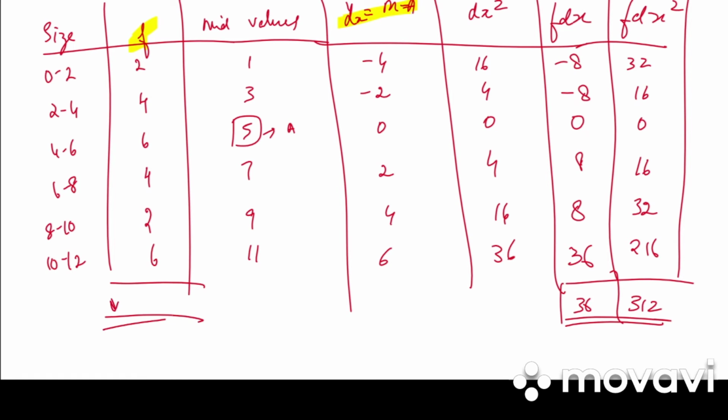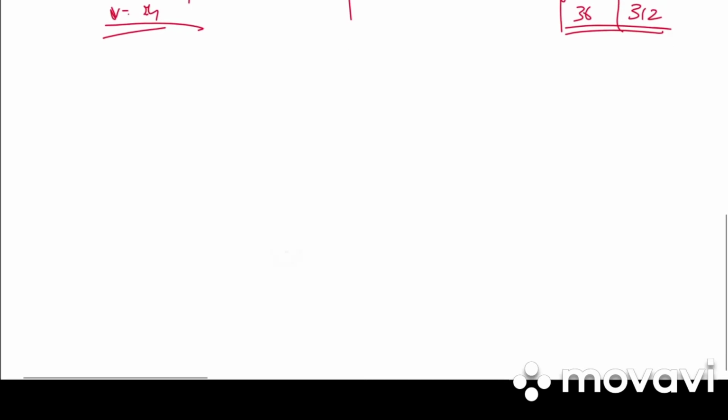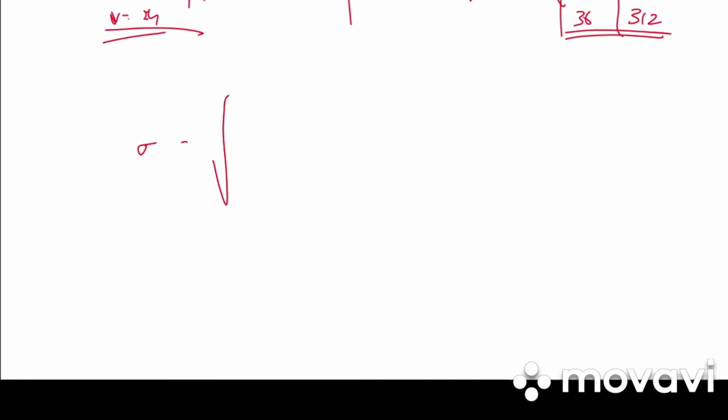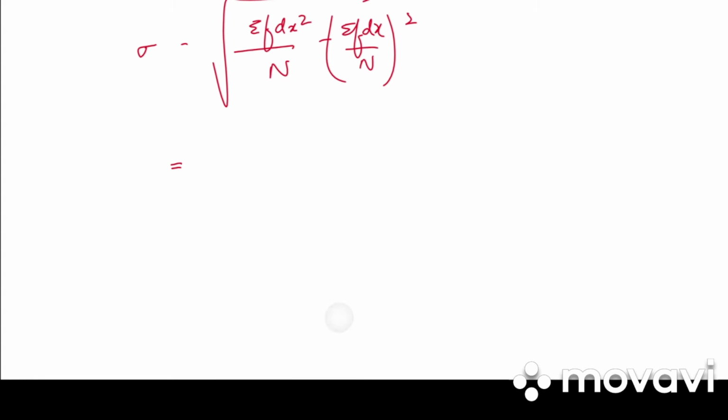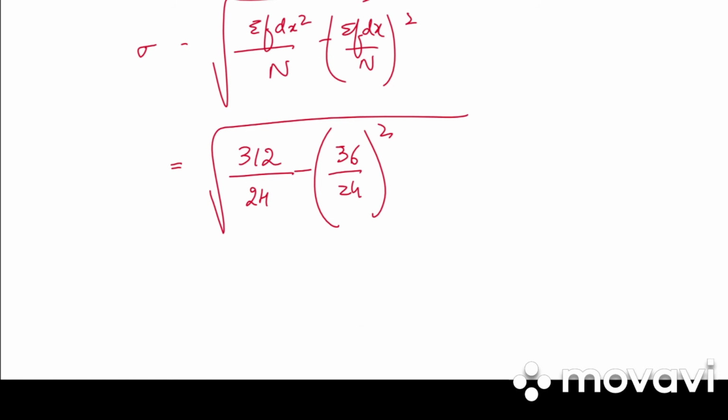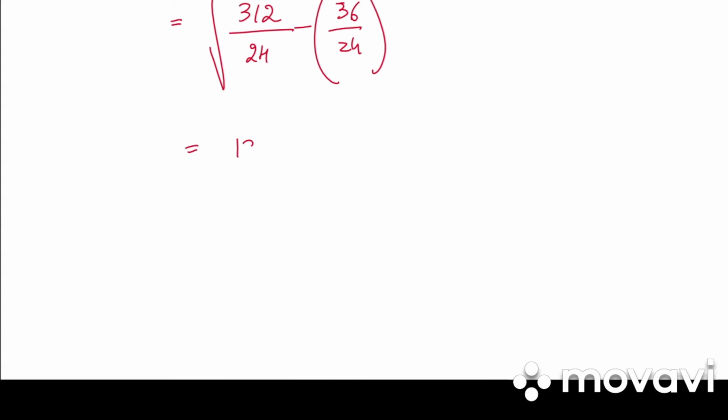N is 24. So what is the formula? It is square root of summation f dx square divided by n minus summation f dx divided by n square. So 312 divided by 24 minus 36 divided by 24 square. 13 minus 2.25.